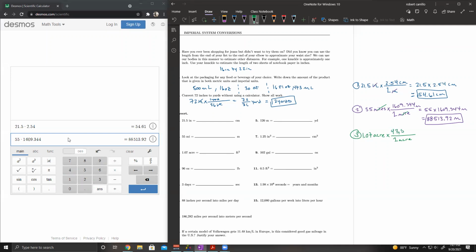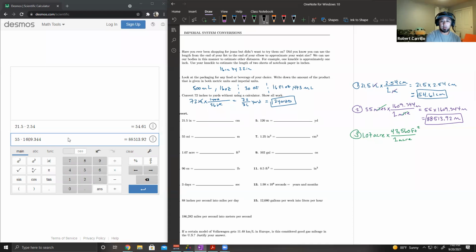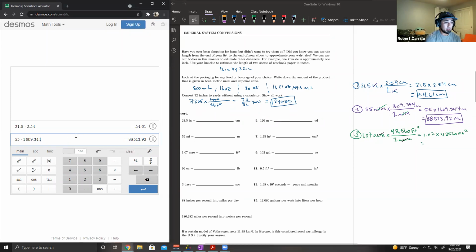There you go. Again, your acres unit will cancel, and you are left with 1.07 times 43,560 square feet.